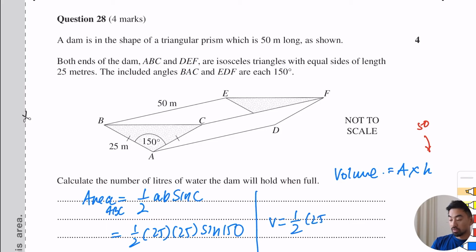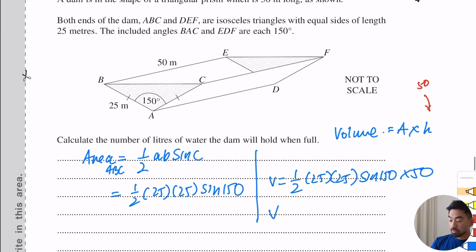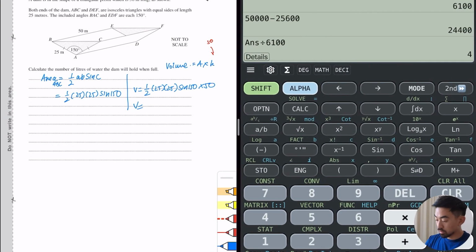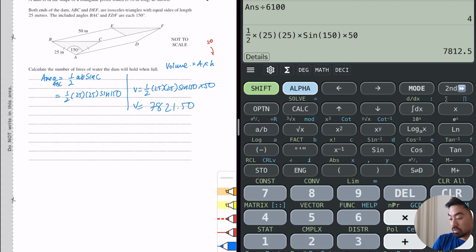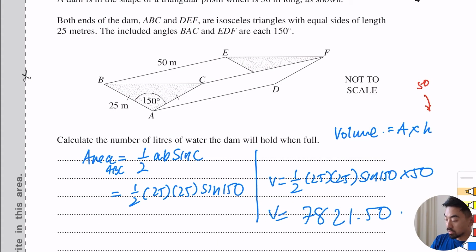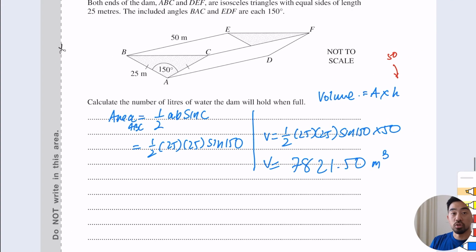So I'll put this in the calculator in one go. Okay, so 1/2 times 25 times 25 times sine 150 times 50 is 7,812.50. Okay, now this is in meters cubed. Think back to your conversions. 1 cubic meter is 1 kiloliter.